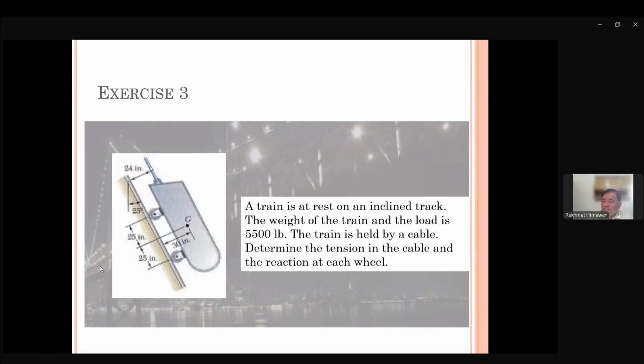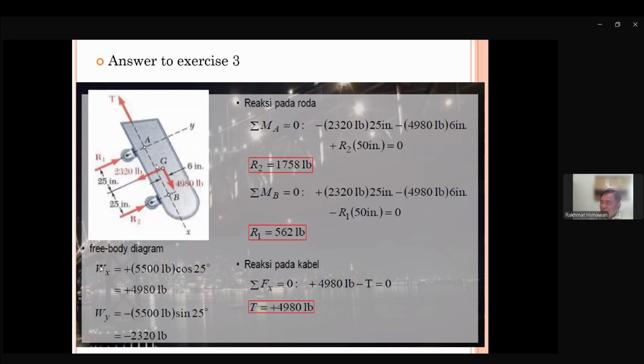This is T. So if we want to know what is T, we need to draw the line of the force acting on the T on the cable. Where's the line? This line. And why not in here? Because the T line is not passing through here, not passing through this point and this row.